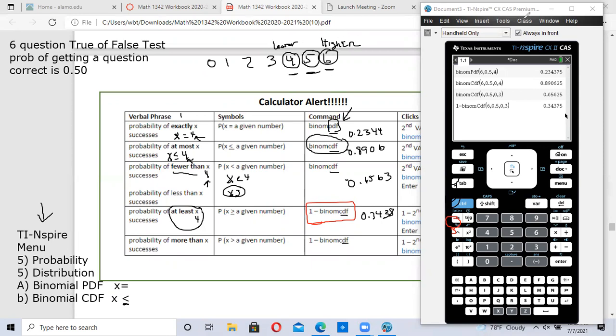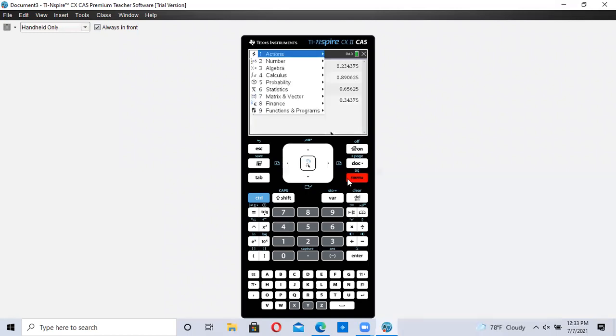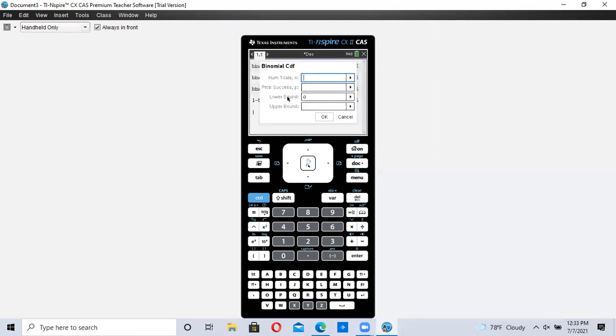So let's go through this and see if we get the same answer. Watch how I do this now. Menu, number 5 probability, number 5 distribution, and A, B is CDF, number of trials is 6.